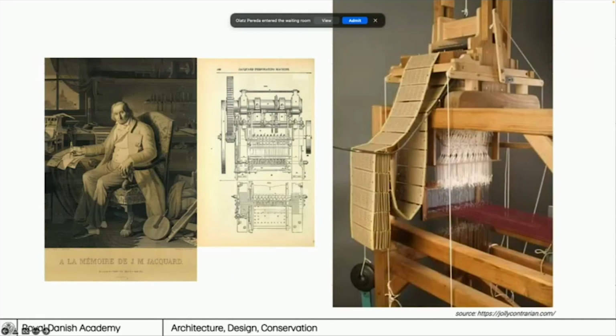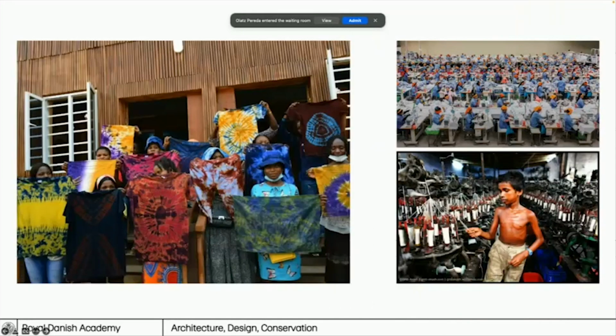Textiles have also had this amazing relationship to other foundational technologies such as computing. And then we also see how textiles can be the foundation for building social structures that might be incredibly empowering or equally incredibly alienating and exploiting.